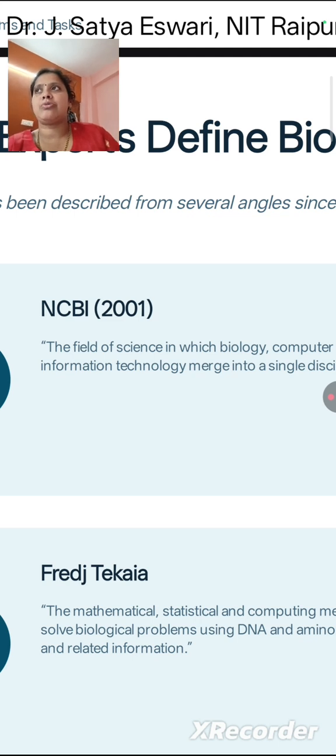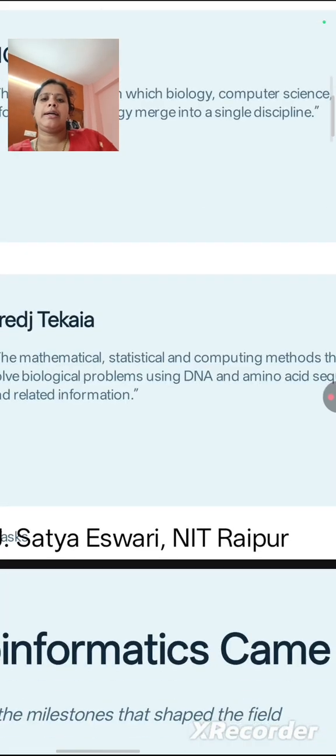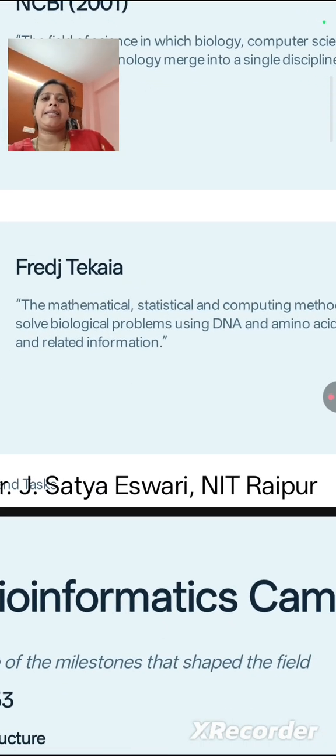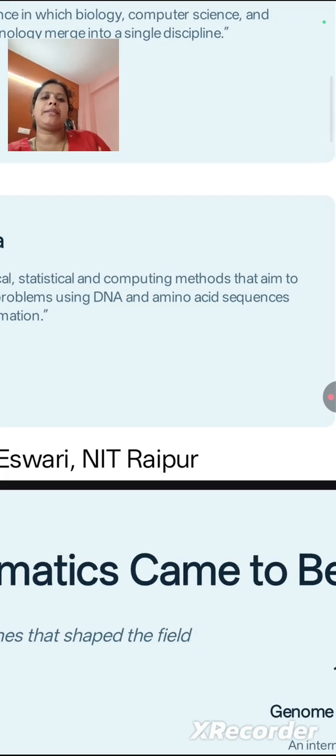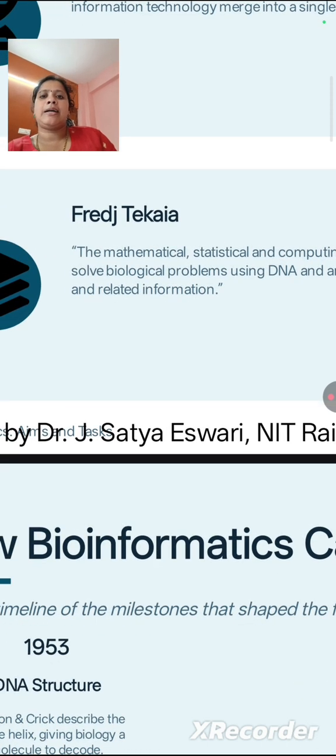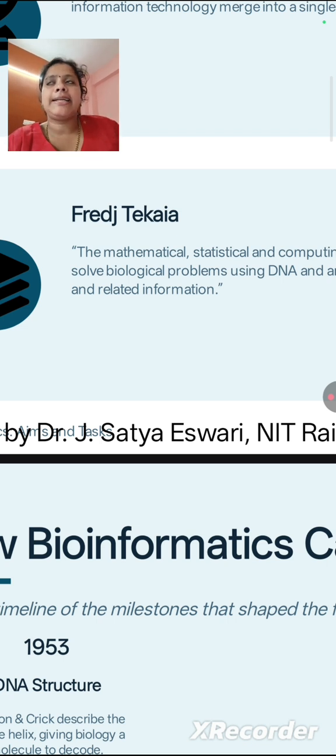Fred Tekaja defined it as mathematical and statistical computing methods that aim to solve biological problems using DNA and amino acid sequences and related information. If we understand the data through these techniques, we can reduce our experimental efforts very quickly.